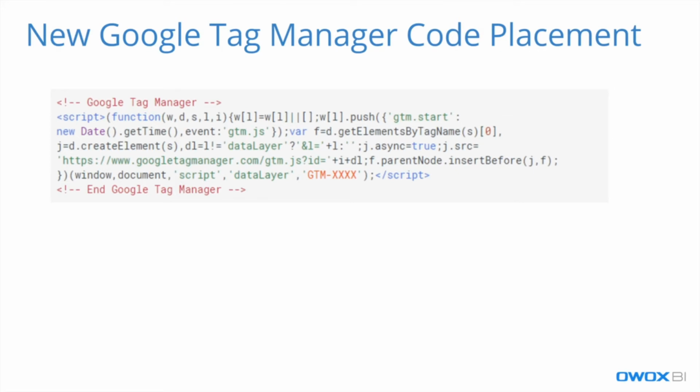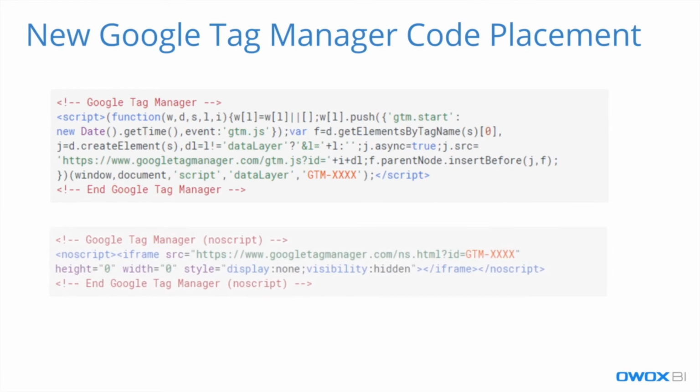Currently, to increase the amount of data and to decrease losses of data being sent to the service, the GTM team has changed it, and part of the code snippet needs to be placed in the head, and the rest, starting from noscript, has to be placed in the body tag.